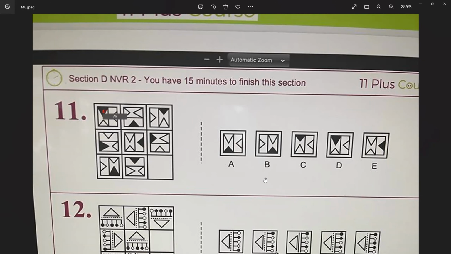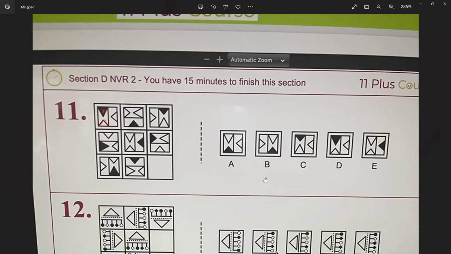If it's a white shading, it'll turn black. But in the horizontal row that has two triangles, one of them will stay the same and the other will turn white, and then the bottom one will turn black, and it keeps on rotating and changing its shading.